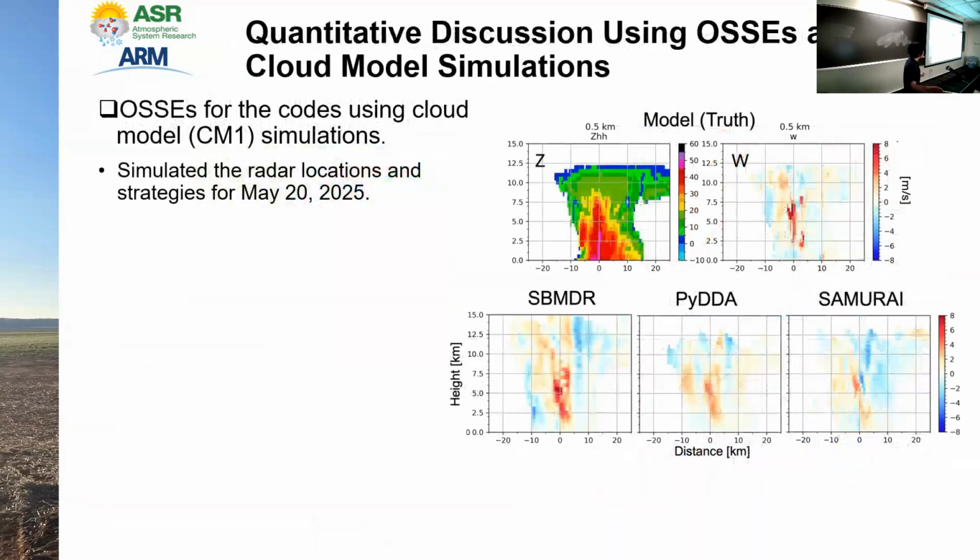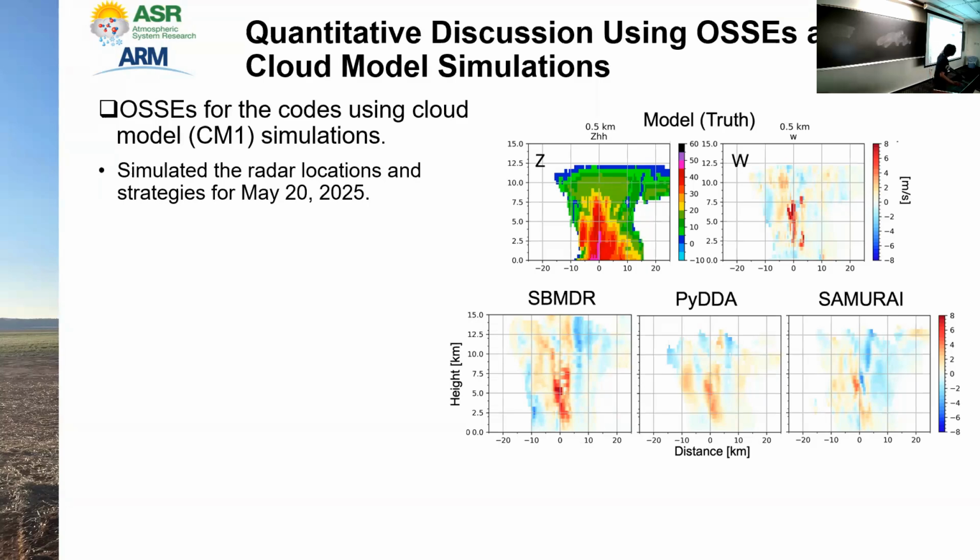So next, I conducted the OSSE studies, the observing system simulation experiment, using the model simulation, where the model input is the truth. Then we simulated an observational dataset using the radar simulator and the models.